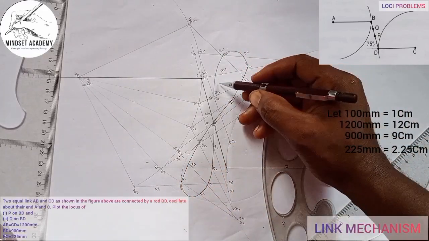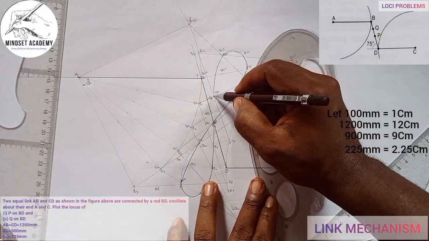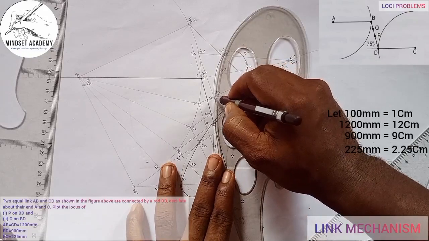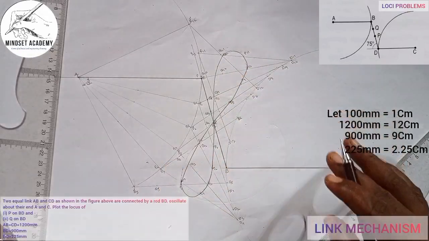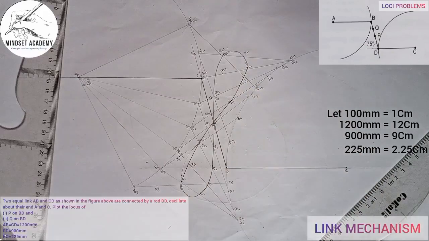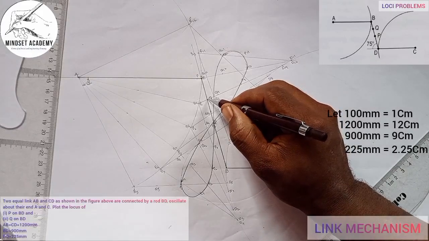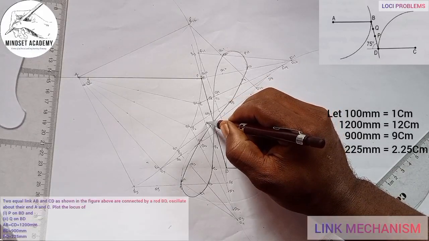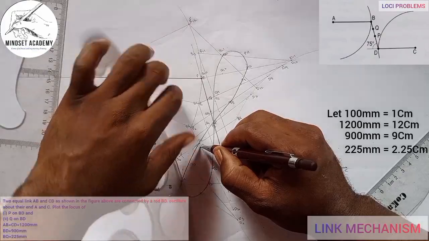Then what else again? Back to P. So this is what we have here. So we've connected that of P. And the next one we connected will be that of Q. So Q is starting from here. This is Q. This is Q1. And this is Q2. Right?